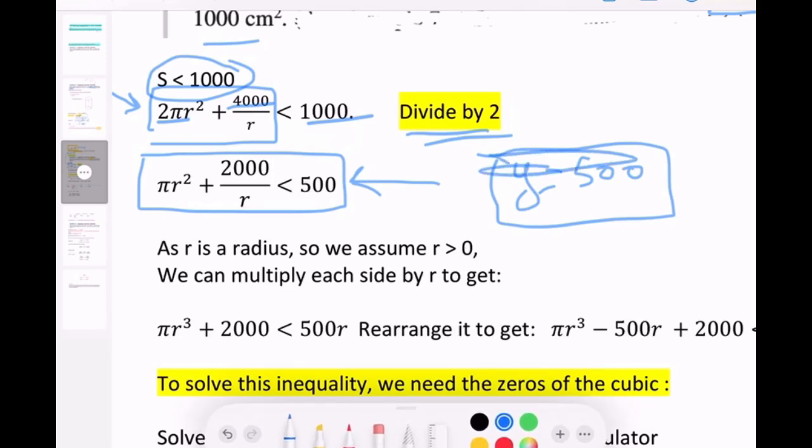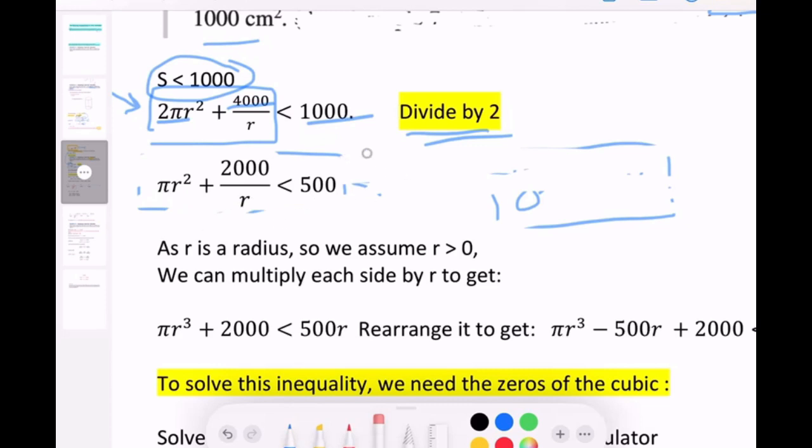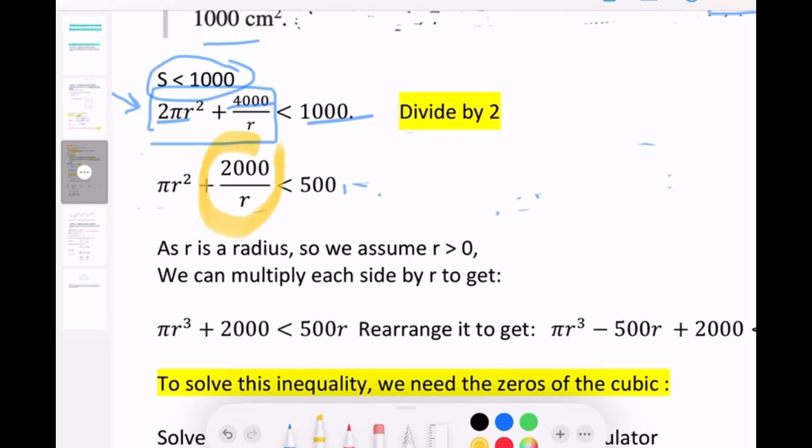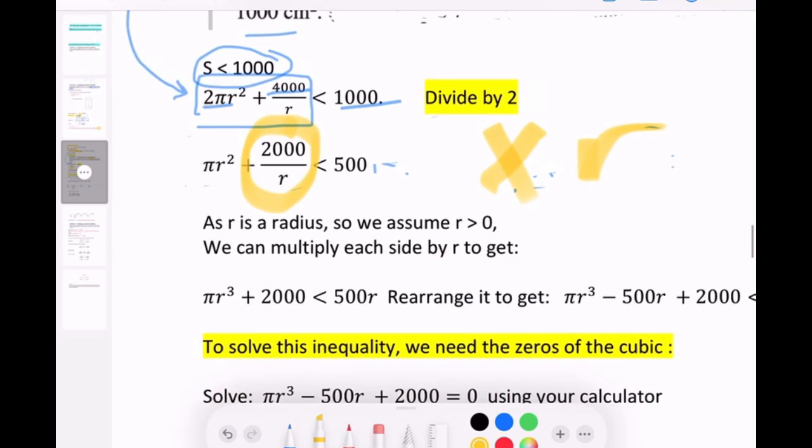How? I'm going to multiply each side by r to eliminate the fraction. Which fraction? The fraction 2,000 over r, this fraction here. So I multiply by r. And this r, I know as a fact that it's a positive value.